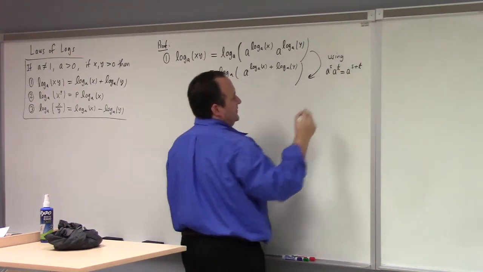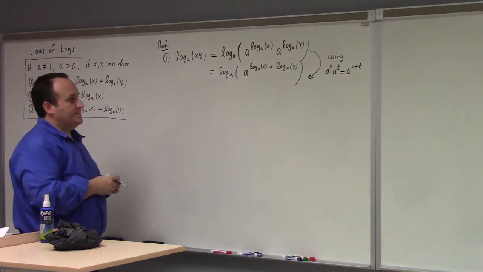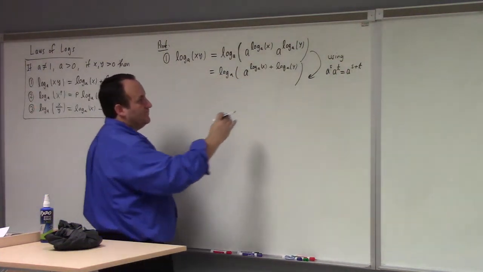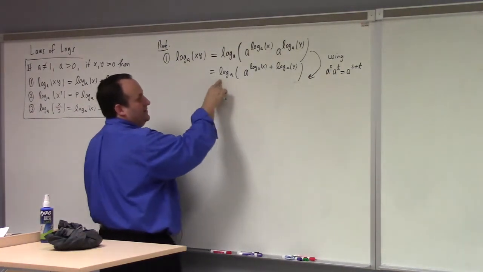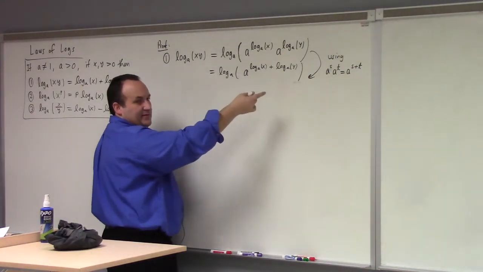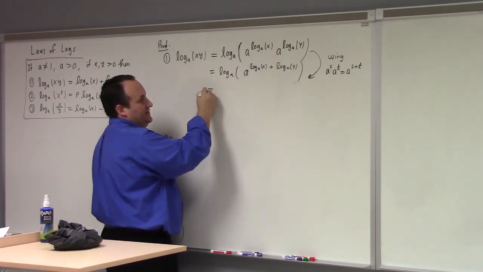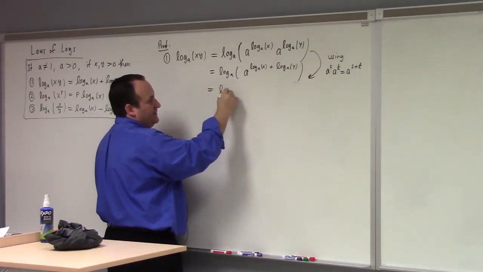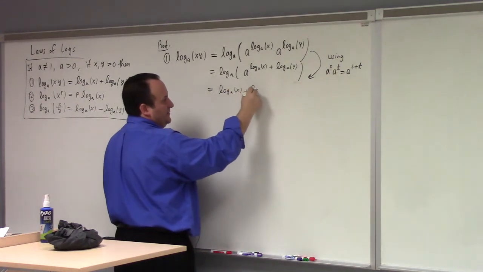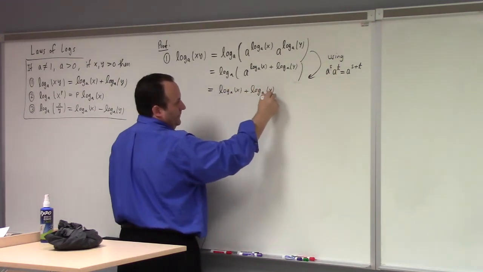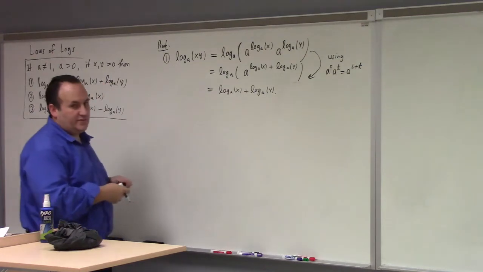That's one of our laws of exponents. And then what? Well, then I've got a log base a of a to the something, right? So by definition of log being inverse function to a to the something, that's just log base a of x plus log base a of y. And there you go. That proves number 1.